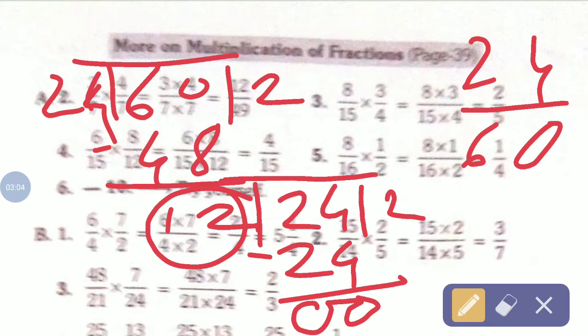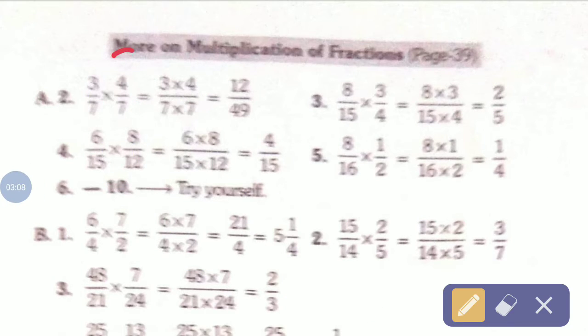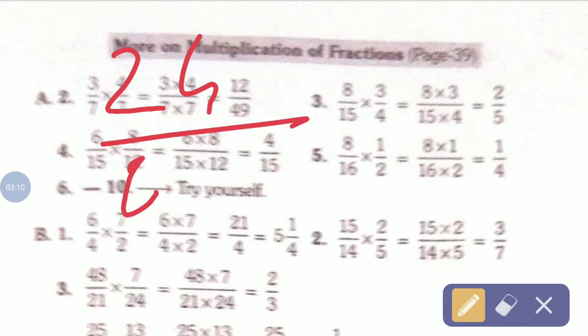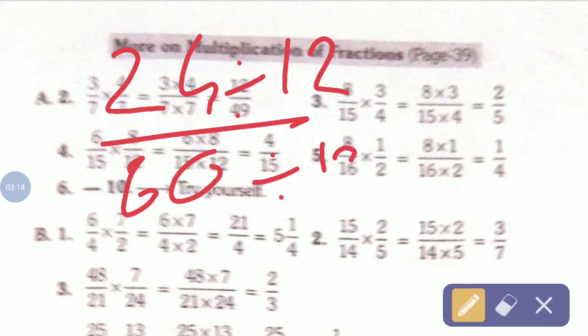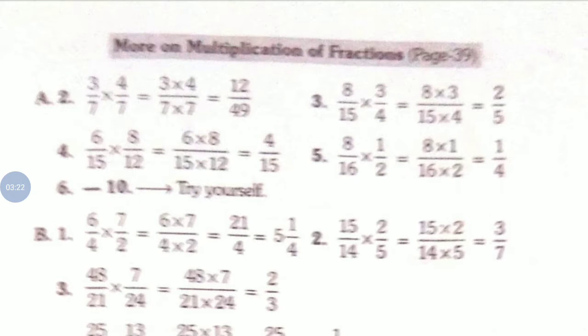So you have to divide 24 upon 60. As you get the answer 24 upon 60, you can divide both the numbers by 12 and you will get the answer 2 upon 5. So in this way you have to do it, so that you will easily get the answer.